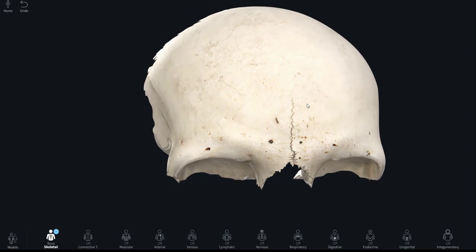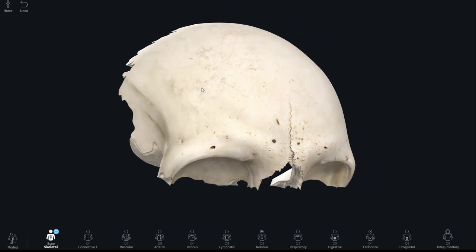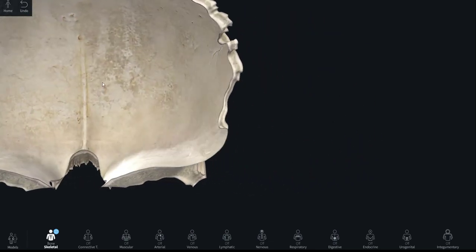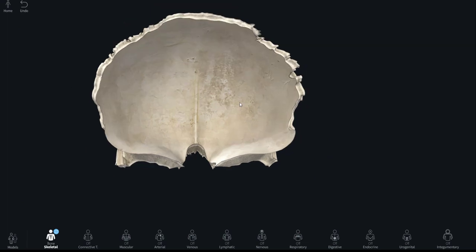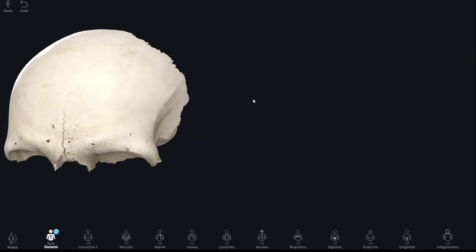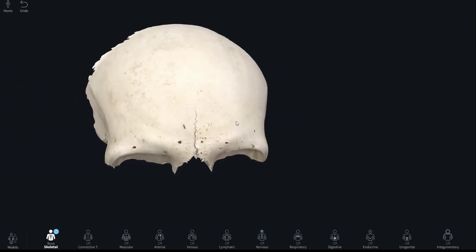You can obviously see that here. This entire flat, smooth part, both externally and internally. So this is also the squamous frontal bone, internally as well as externally, right?